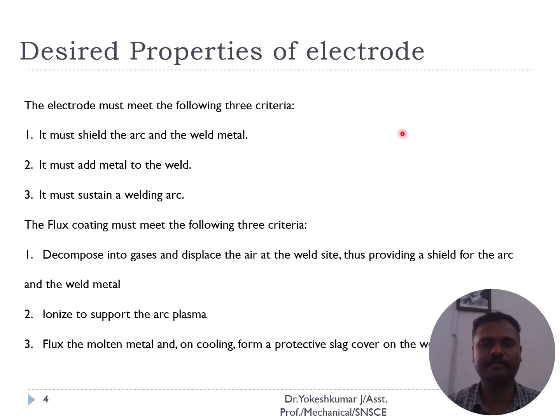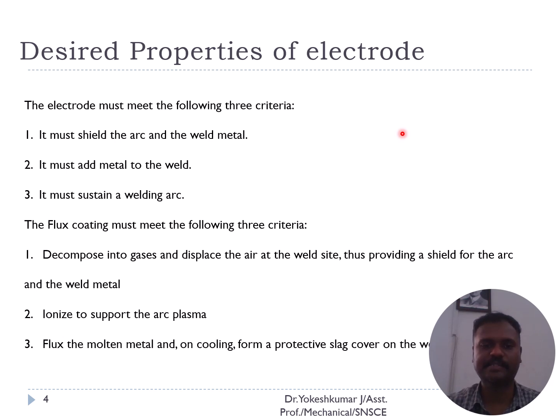Then it must add metal to the weld. Some welding electrodes have filler metal, so they can supply the filler metal. In some welding processes, the electrode itself has no filler metal, for example the TIG welding process, tungsten inert gas welding process.